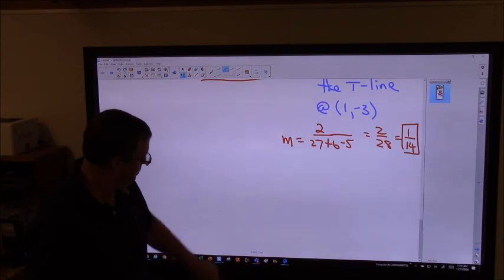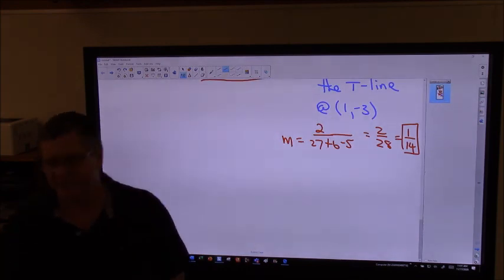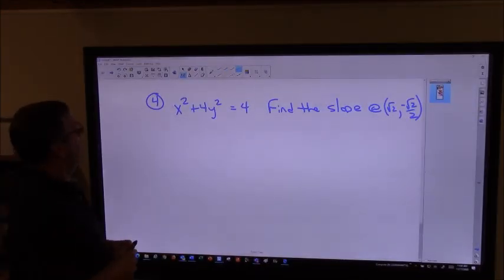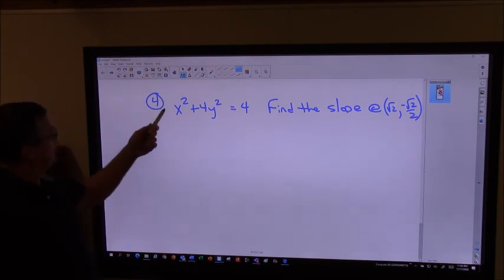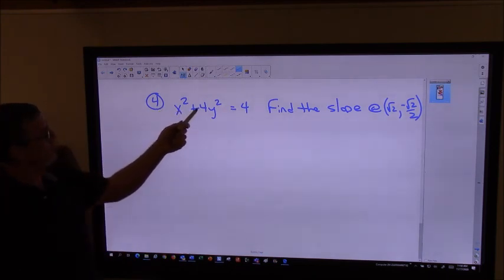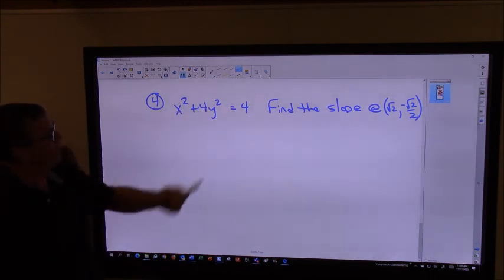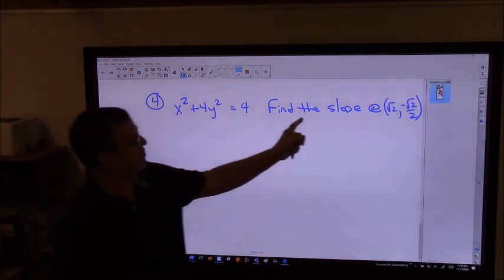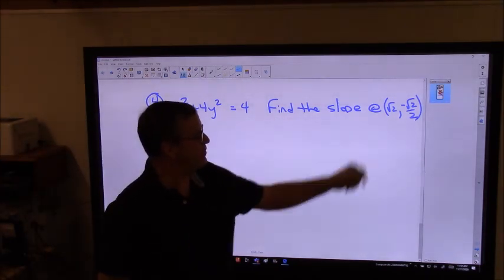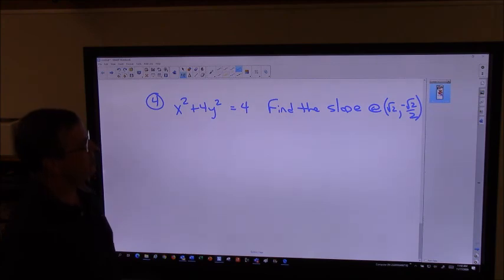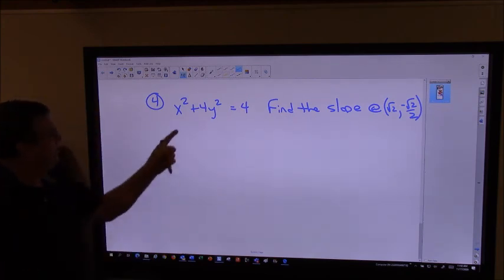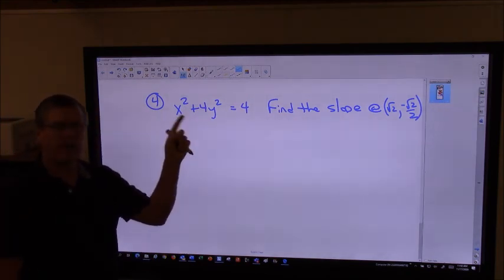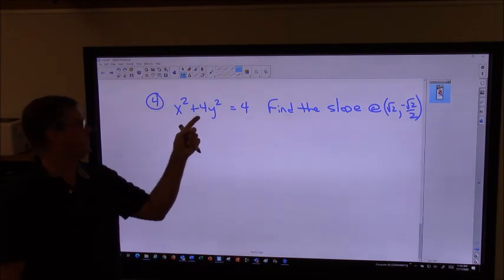All right, let's try one more. So here I've got x squared plus 4y squared equals 4. And they want us to find the slope at root 2 comma negative root 2 over 2. Now, first of all, when I look at this, I could probably solve this for y pretty easily.